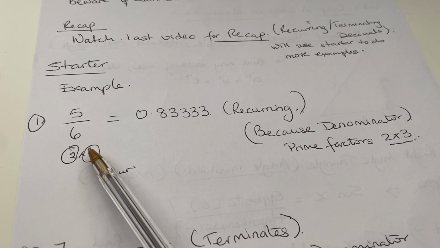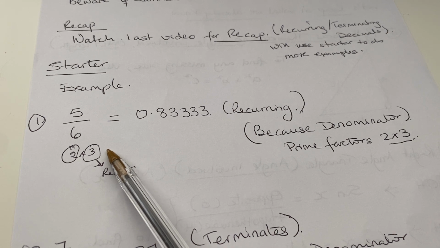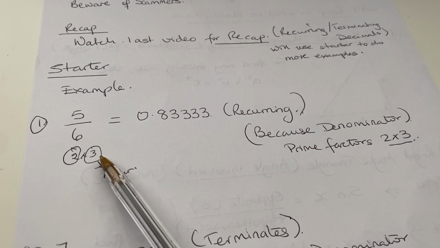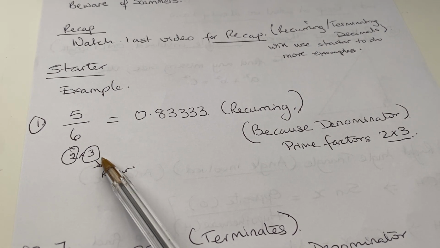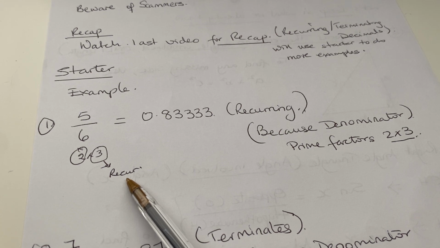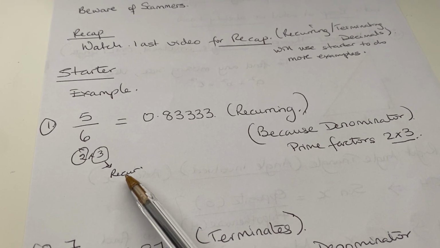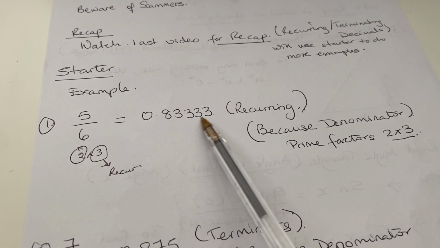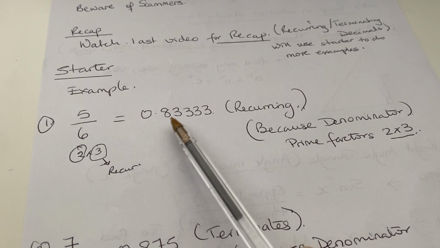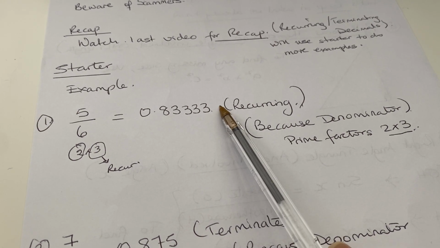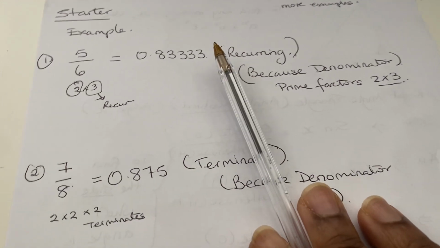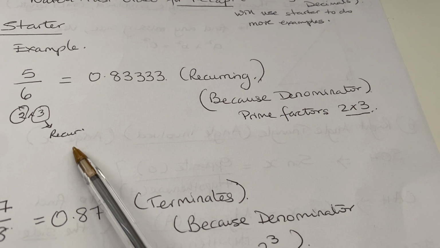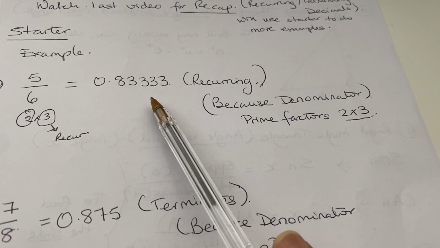The fact that there is a 3 means that it will recur. So it will be 0.83333. So here this will recur.